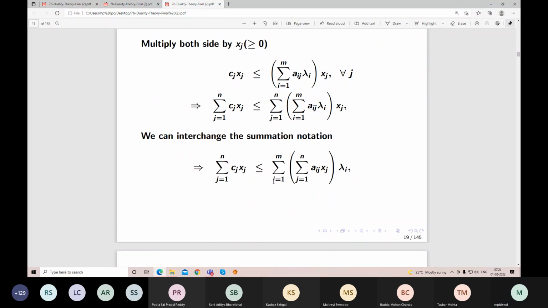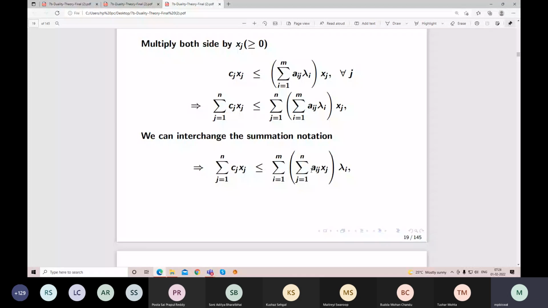So here, cj xj is less than or equal to this right hand side expression, the sum over j from 1 to n of aij xj. This quantity we are replacing with a bigger quantity. If you replace with a bigger quantity, then the inequality remains. If you replace with a smaller quantity, you cannot conclude like that.